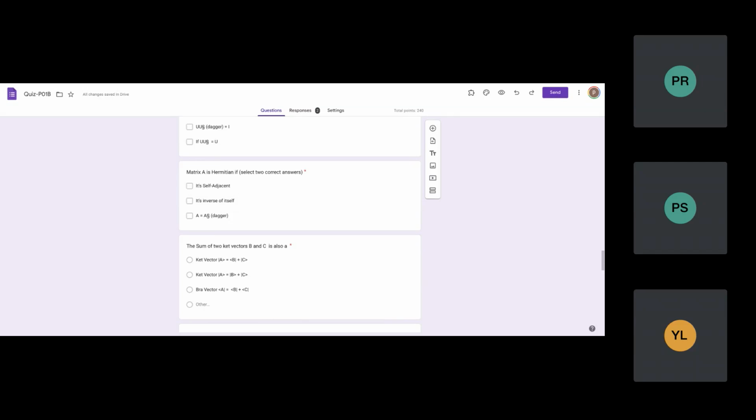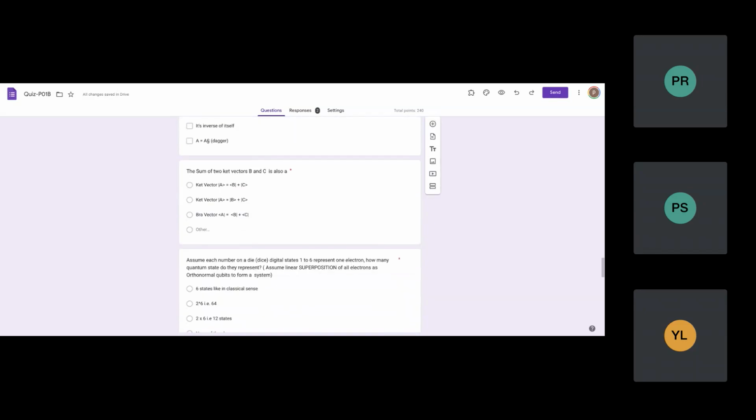Identity matrix means all diagonal elements are 1. That is 1, 0, 0, 1. If you have 3 dimension, then it is 1, 0, 0, 0, 1, 0, 0, 0, 1. So that is identity. So you can have 2 dimension, 3 dimension, n dimension. Got it? Okay.